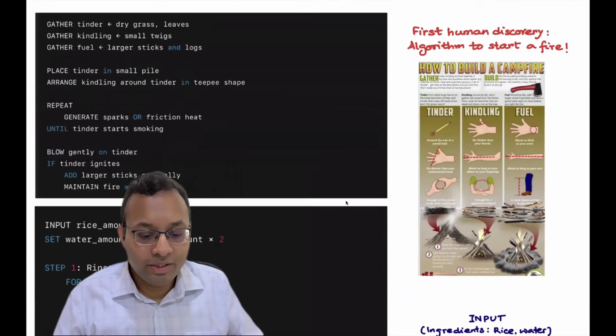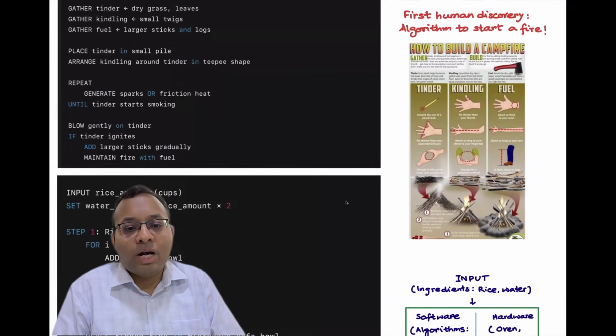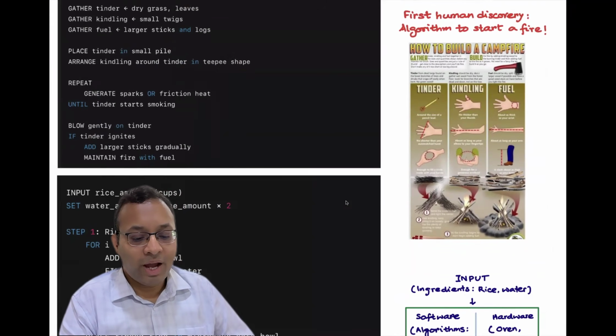So I asked ChatGPT to write an algorithm to start a fire. And it says, gather tinder, which are dry grass or leaves, to start the fire. Then to contain the fire, there is kindling, small twigs. And then you want fuel, which are larger sticks and logs. Then you place tinder in a small pile.